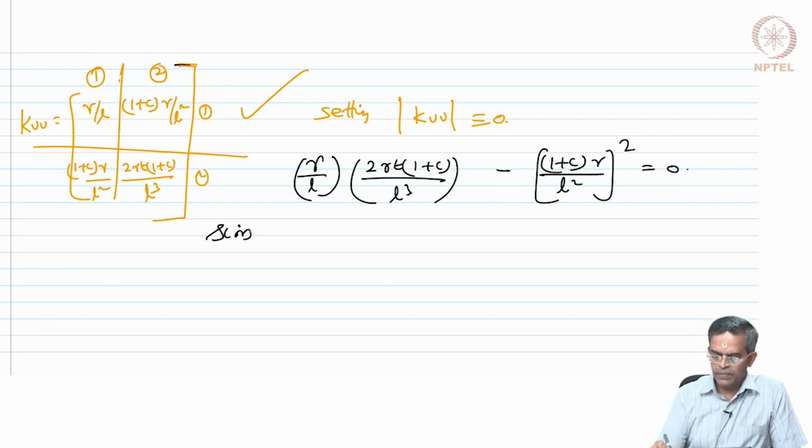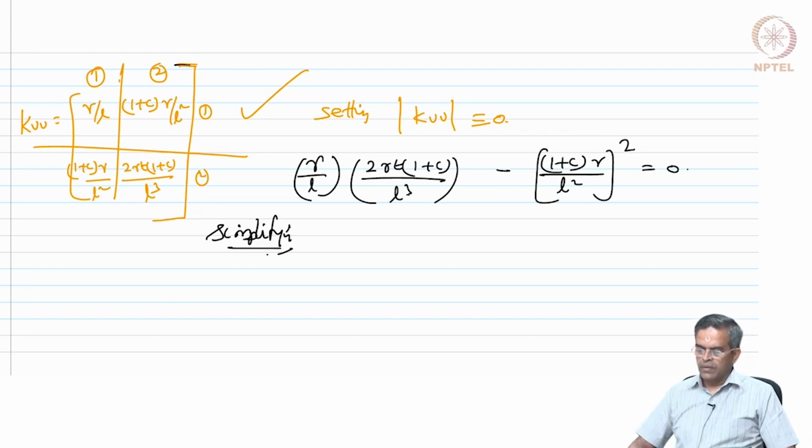Simplifying. You can simplify this very easily, because you know L4 here, 1 plus C into R, 1 plus C into R here on the left hand side.